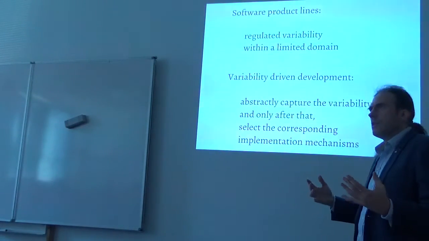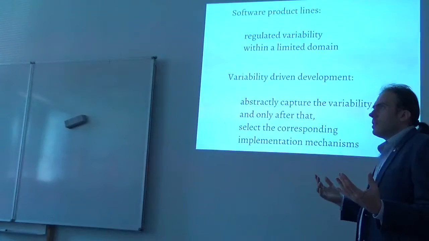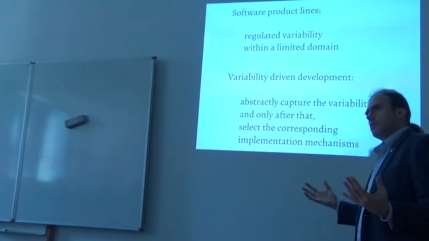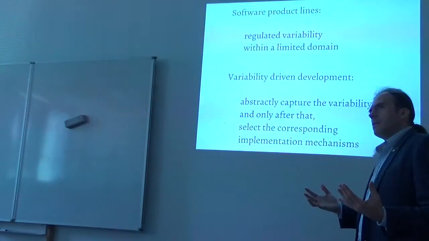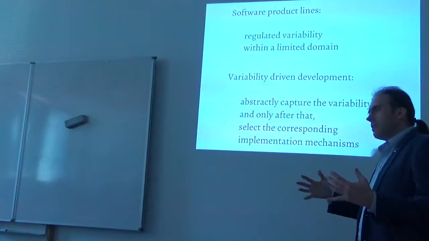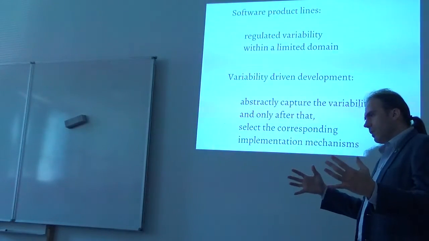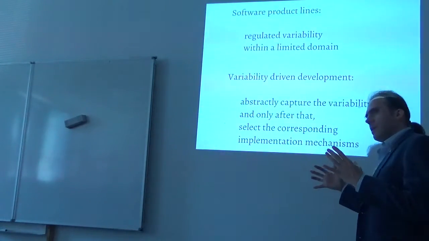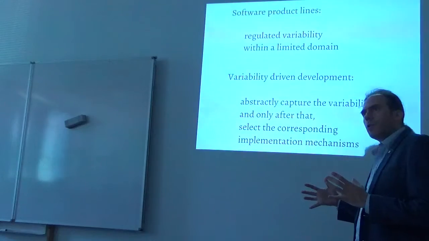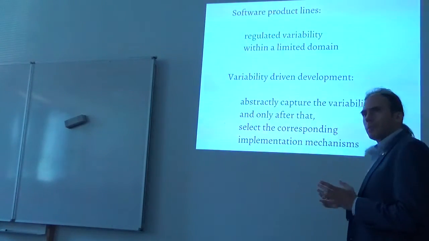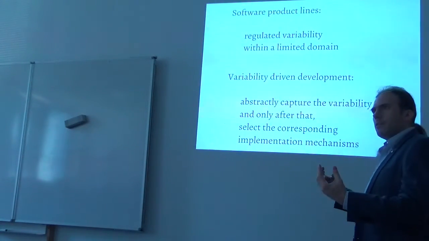So in the end, it's a family of applications. A family of applications that you have at one moment, but the family can grow. This family can grow, so it includes also some future applications, and it can vary.